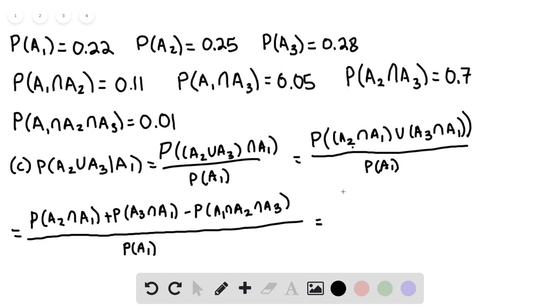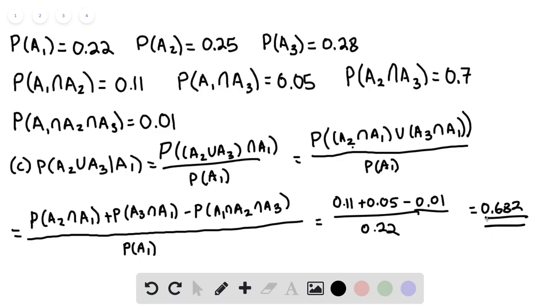So that's going to be 0.11 plus 0.05 minus 0.01 all over 0.22, just substituting in. And that ends up being 0.682.